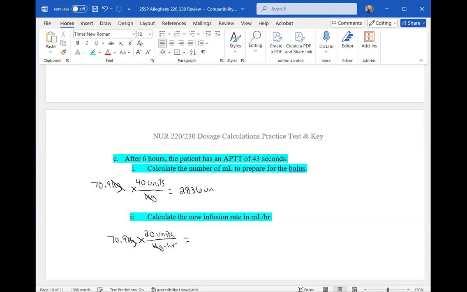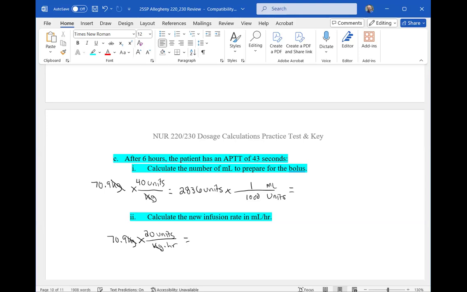And that's units. We don't want units, we want milliliters. And guess what? We're going to use the same available that we did before because it's the only available that's been stated. Our bolus available is 1,000 units per milliliter.